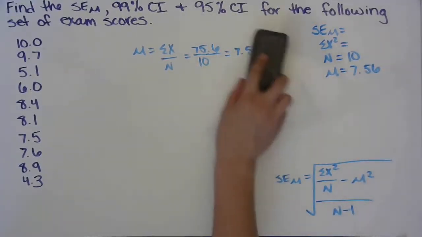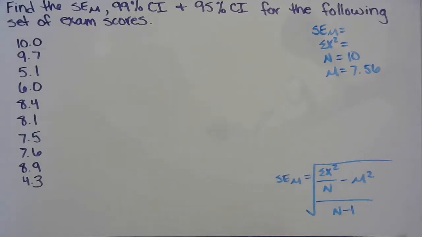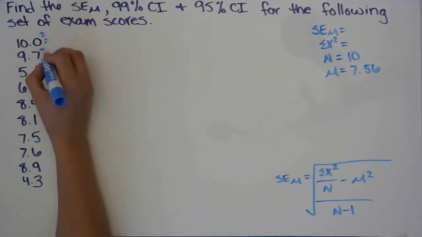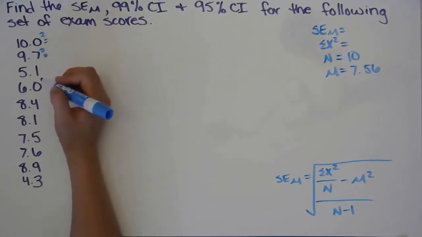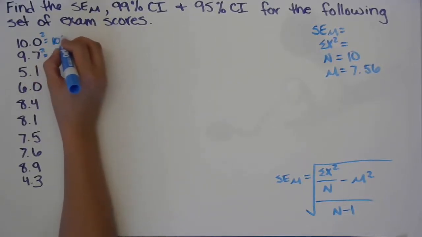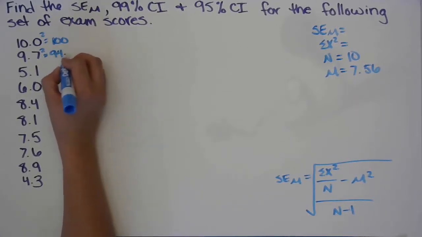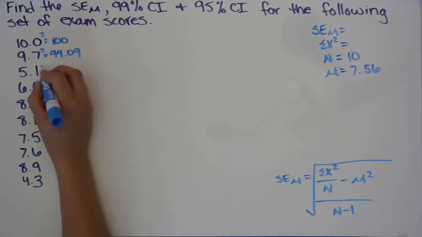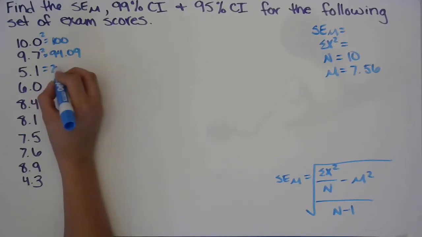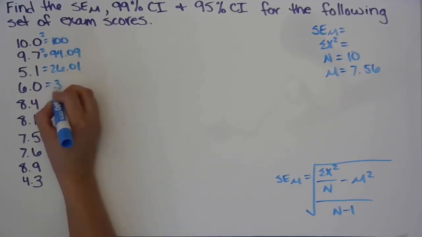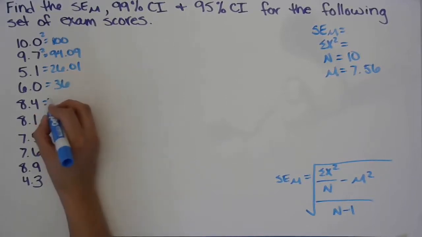Okay, now we need to square each of these and add them up. So 10 squared is 100, 9.7 squared is 94.09. 5.1 squared is 26.01. 6 squared is 36.